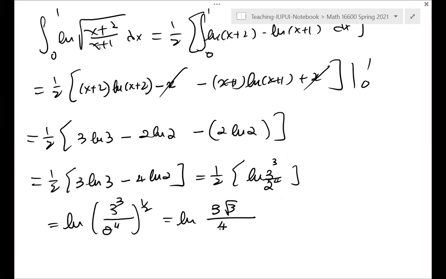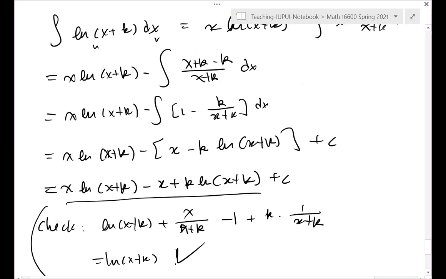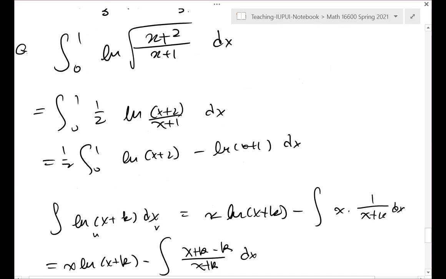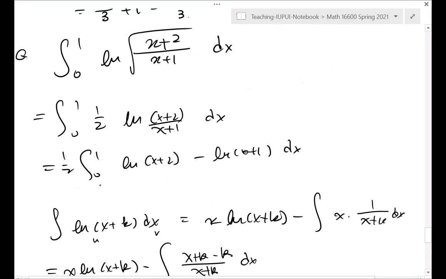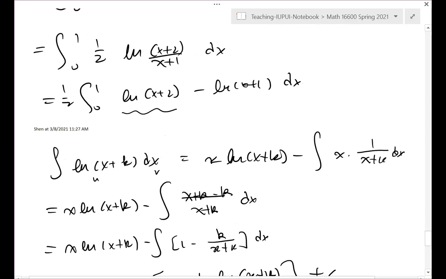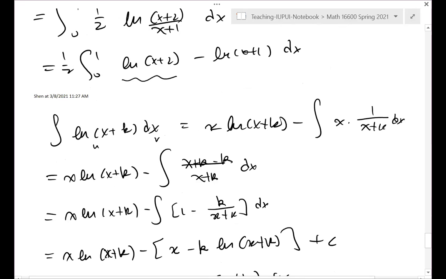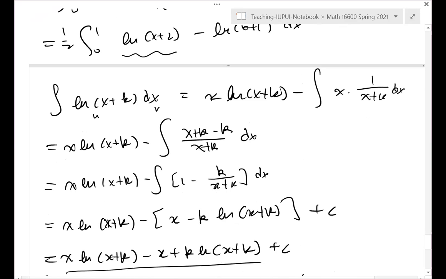Okay, so let's go over this problem. I tried to evaluate this integral. So I simplify, expressing it as an integral of the difference of these two linear terms. All I had to do is find the antiderivative of that function. So I assume x plus k, then use integration by parts, and then find the antiderivative.